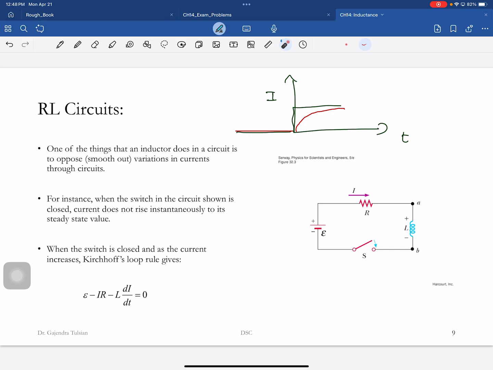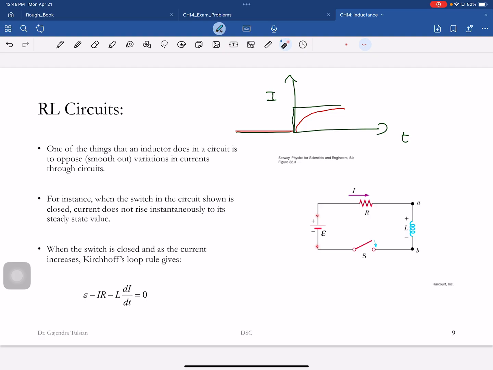You close the switch, and this is a closed loop, and you know Kirchhoff's rule. What does Kirchhoff's voltage rule say? That the sum of the voltages across all elements in a closed loop add up to 0. Very good. So we'll start here.